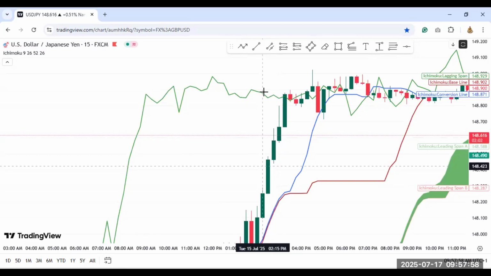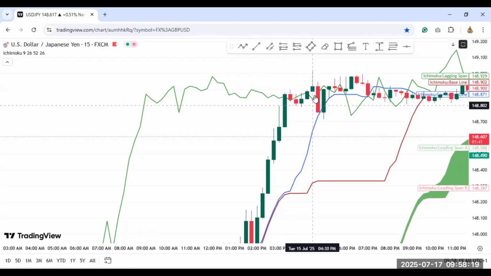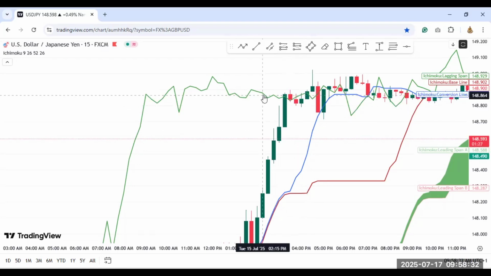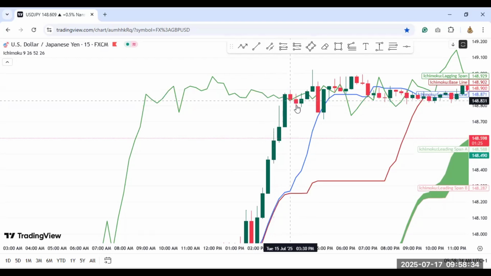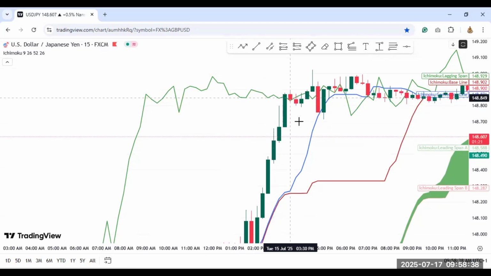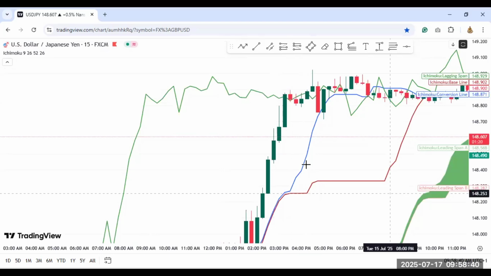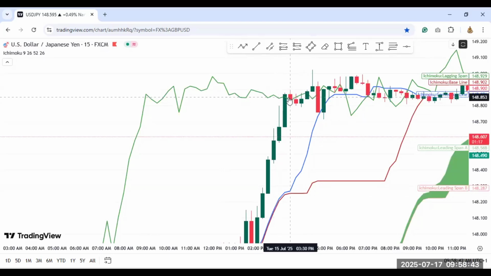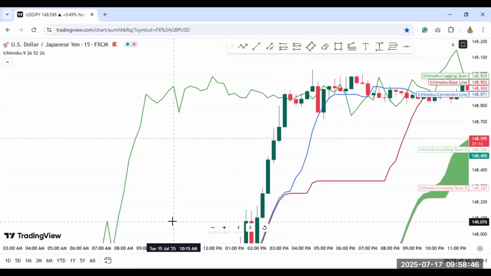If you are in a buy, you exit immediately when the lagging indicator crosses to the opposite side. You exit your trade at that moment. So if the lagging indicator closes below the price, I exit, or if it closes below the cloud, I exit, whichever comes first. I will now go over the bar replay function.